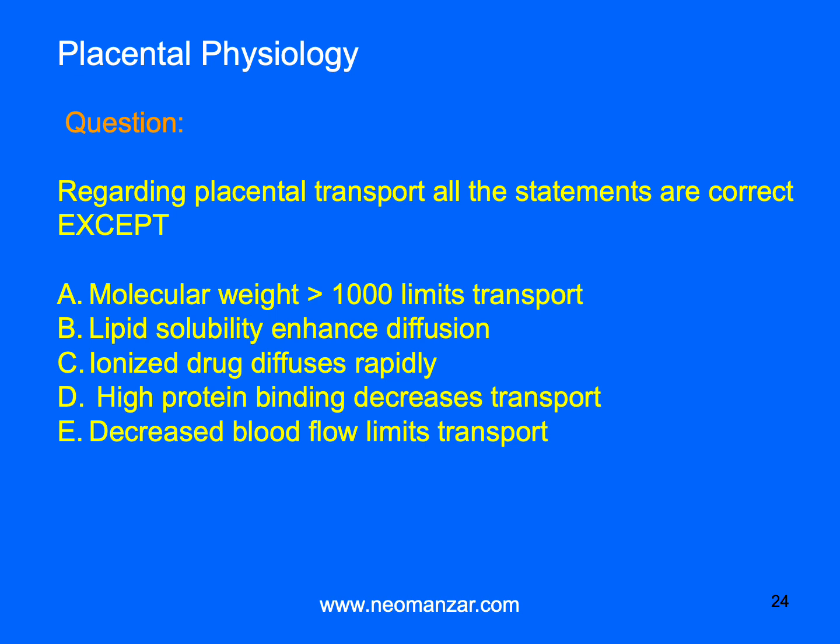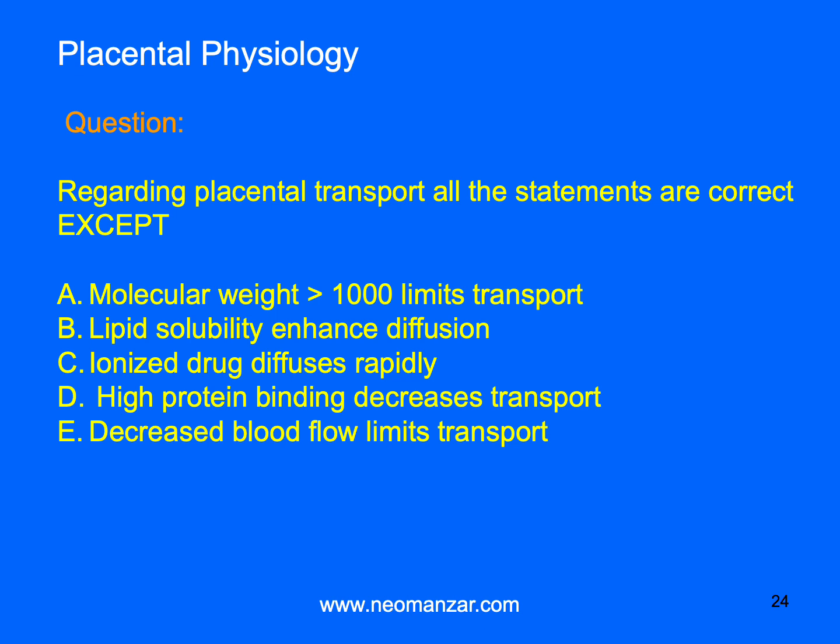Let's do this question together. Regarding placental transport, all statements are correct except. In exams, these "except" questions are not coming anymore, I hope, but the idea is to have the concept. A molecular weight greater than 1000 limits transport. That makes sense: the larger the molecule, the more difficult it is to cross the placenta. Lipid solubility enhances diffusion. Absolutely.